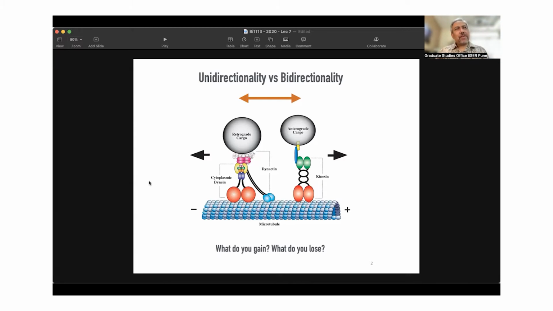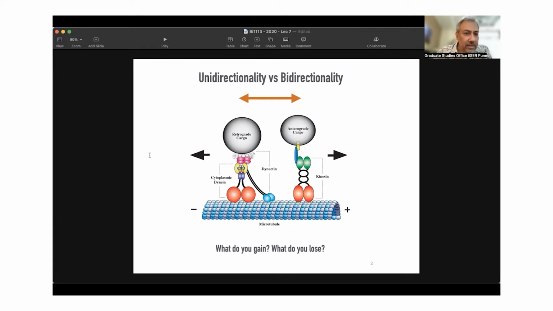If the proteins are bidirectional, there must be some sort of process which indicates in which direction the cargo should go, so in which direction the protein should go. But I don't know, that might be a complex process. Okay. So there might be more complexity in regulating a bidirectional motor protein as compared to a unidirectional motor protein. Okay, that's the point you're trying to make.